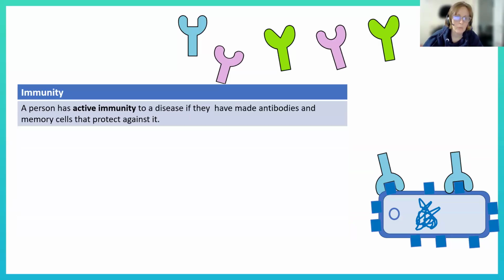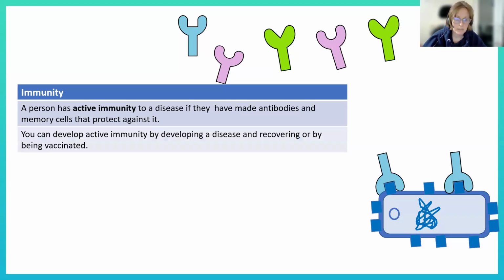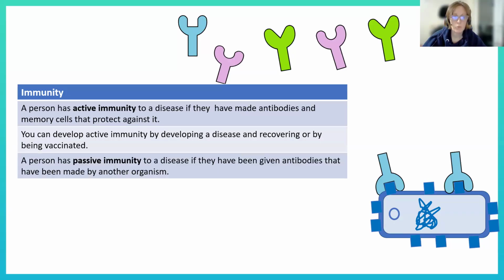Okay. So what happens then? The person has active immunity to the disease because they've got antibodies which they've made and memory cells that protect against it. You can develop it by recovering from an infection or by being vaccinated.